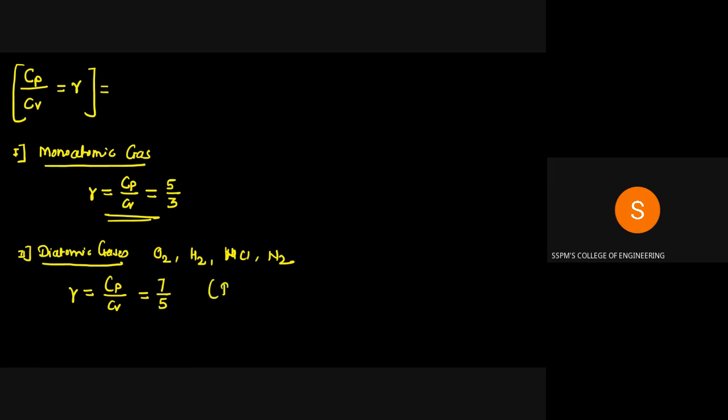This is for a rigid molecule. And gamma equal to Cp by Cv is equal to 9 by 7 for a non-rigid vibrating molecule.